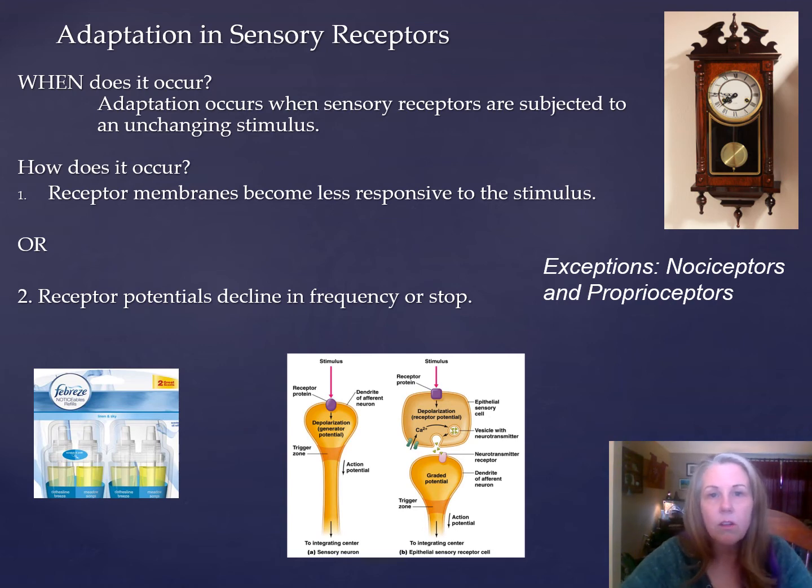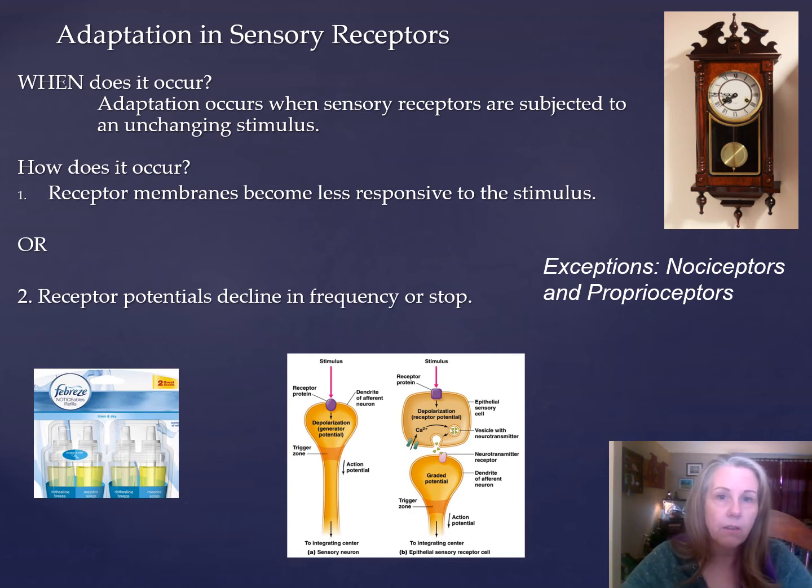If the ion channel closes, it's no longer going to allow ions to flow. You're not going to have depolarization of the plasma membrane. Therefore, the plasma membrane becomes less responsive to the stimulus. So the stimulus is still there, but it's not opening up the ion channels, therefore not allowing the ions to flow, therefore not allowing a depolarization event to occur, and you're not going to have an action potential.